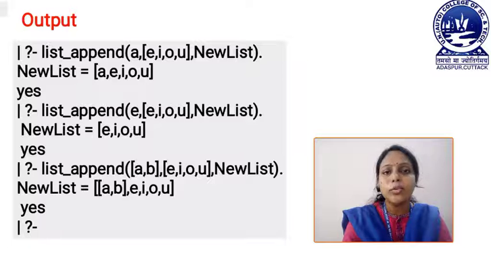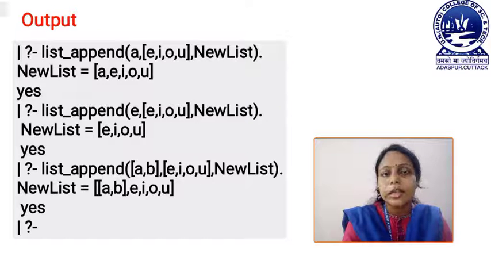Now look into the output. Here the first list append predicate takes the element A and wants to append with the list that contains the elements E, I, O, U. When this A is appended with the second list, then it produces a new list that contains the elements A, E, I, O, U. Then next, in the second predicate, we want to append the element E in our list which contains the elements E, I, O, U. Now look into the resultant list.